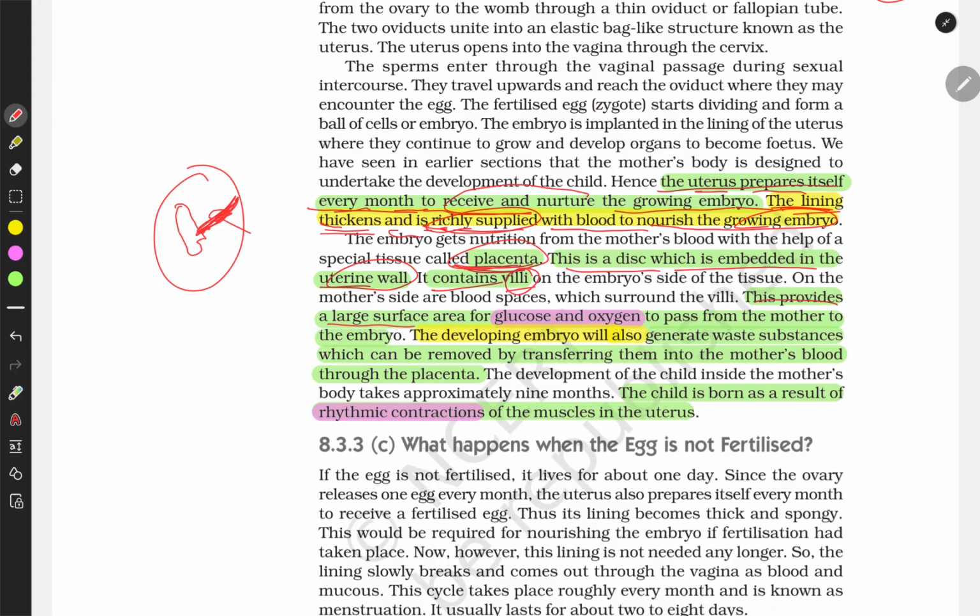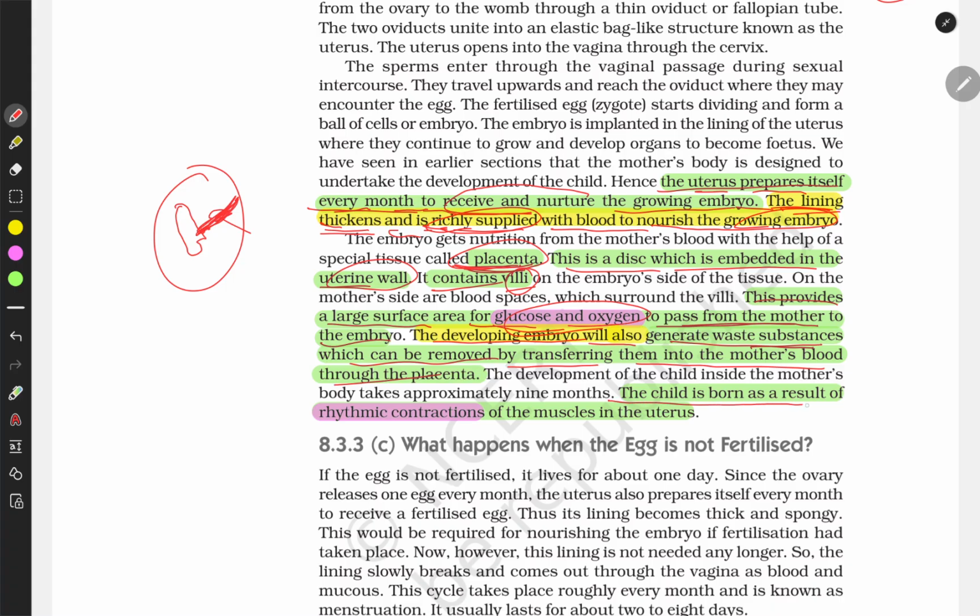This provides a large surface area for glucose and oxygen to pass from the mother to the embryo. The developing embryo also generates waste substances, which are removed by transferring them into the mother's blood through the placenta. So both nutrition and excretion happen in the baby through this placenta.